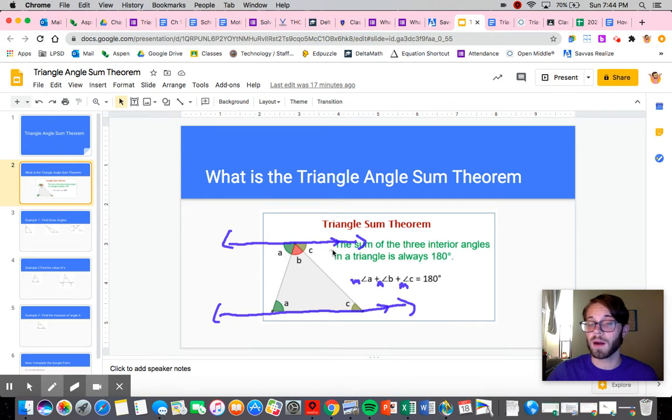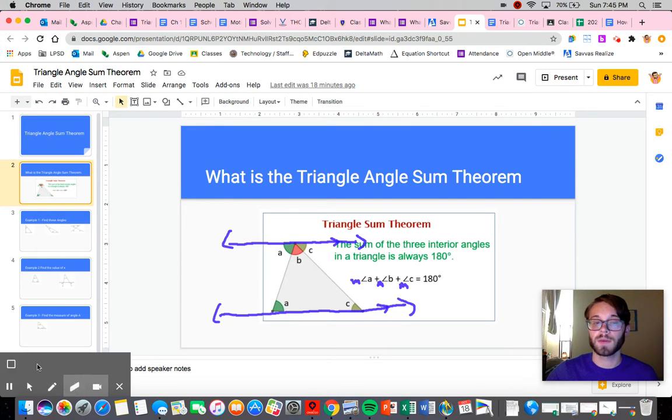And because we're on a line here, a straight angle is 180 degrees. So the measure of angle A plus angle B plus angle C is 180. Therefore, the sum of the three angles of a triangle is 180 degrees.